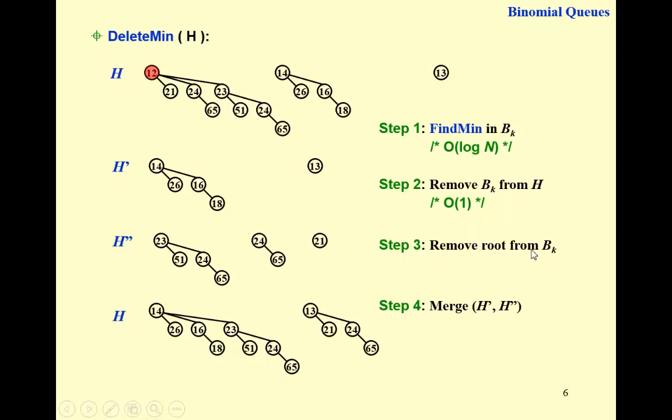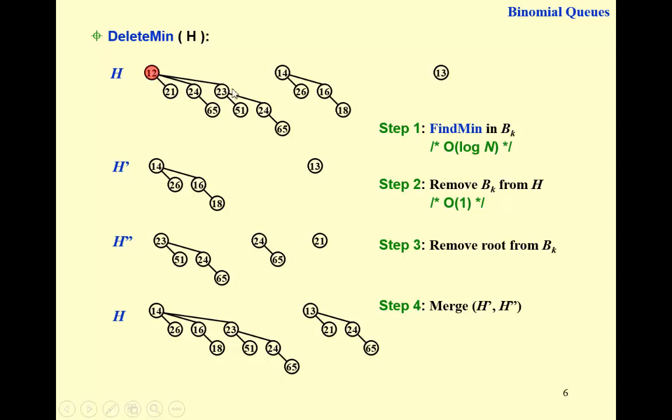Now to remove the root from this tree and then generate another binomial queue, how can we do that? It's like freeing the space occupied by this node and then assigning each subtree to the corresponding position of a new heap. So the time complexity depends on the number of children that this node has.